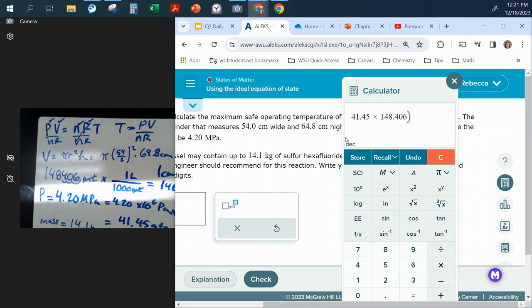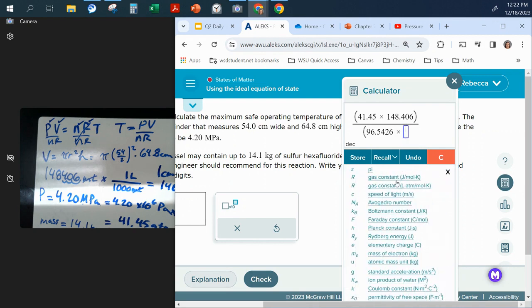I took some engineering classes and this is like engineering, which is good, but I feel like this is a chemistry class. Anyways, this problem bothers me. So if you get this one and you get stuck, come talk to me and we can get through it. 5, 4, 2, 6 times the gas constant, and that one we can look up. Gas constant in the right units, liters, atmospheres, moles, Kelvin.